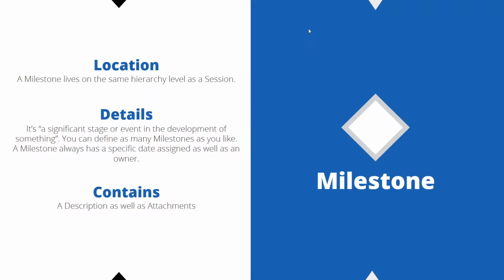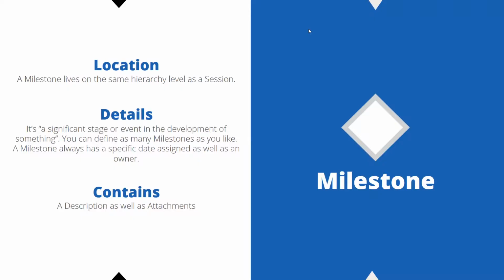Then we also have milestones, which most of you might know. That's typical from project management. Milestones, that's just a certain point in time where you have to deliver something, do a review, send a report out, whatever. So I think there's not much information needed on that object.